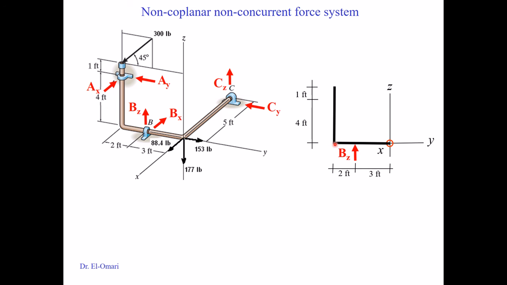You move up and then you go to point A. AX is parallel, so it's not rotating, but AY is rotating. And then finally, as I said, that 300 pounds is rotating about the x-axis.